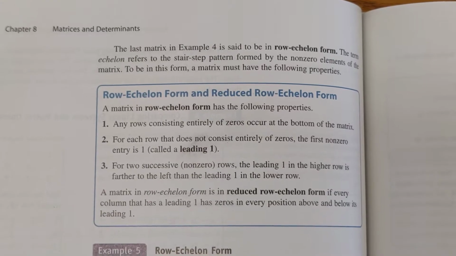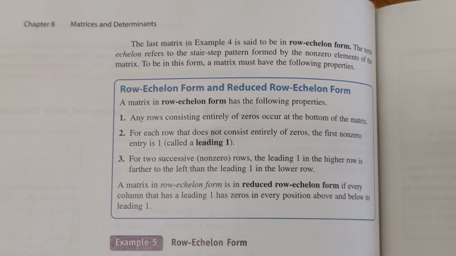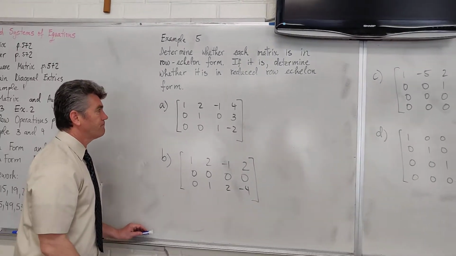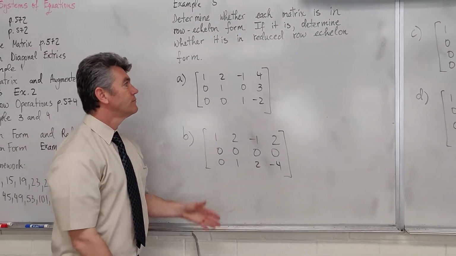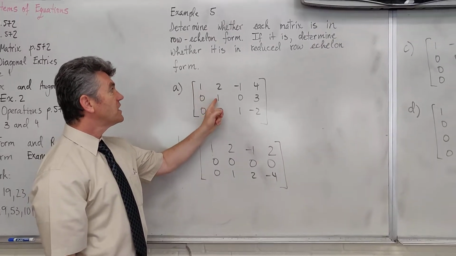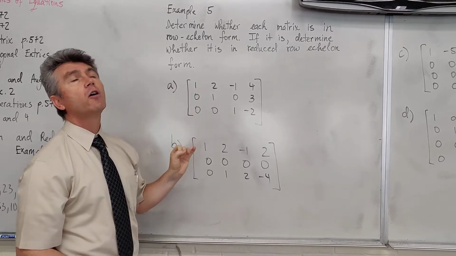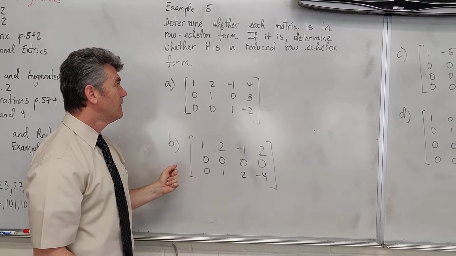So first we're just going to be concerned about row-echelon form, then we're going to talk about whether a matrix is in reduced row-echelon form or not. So let's take a look. We have 7 examples. A. The first non-zero entry in each row is a 1.